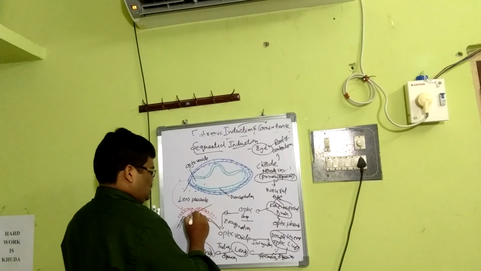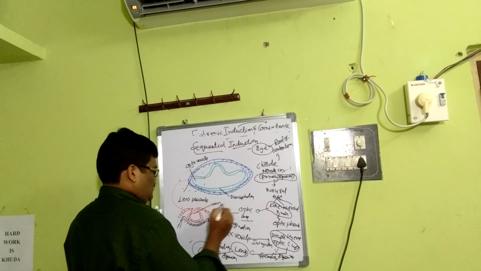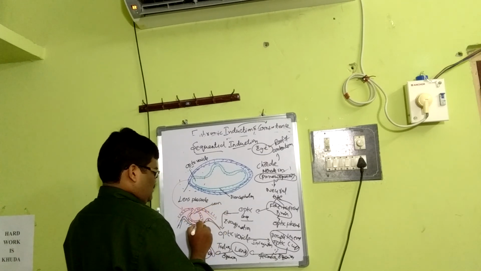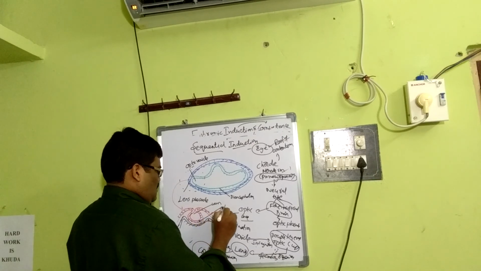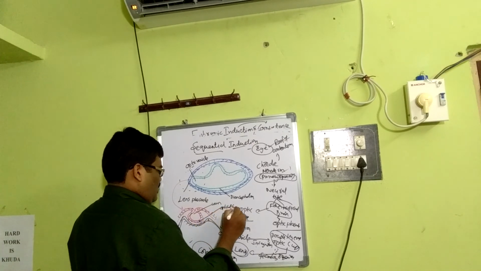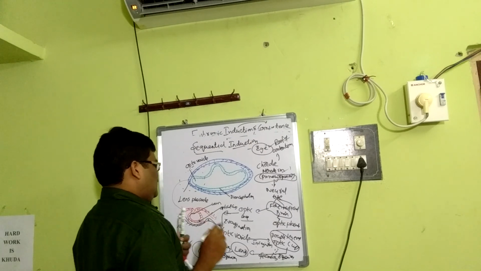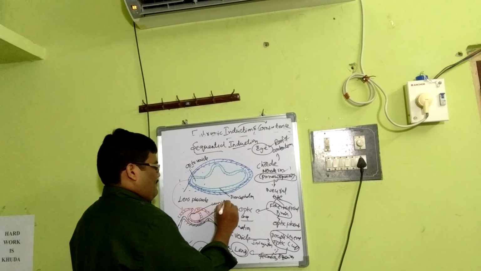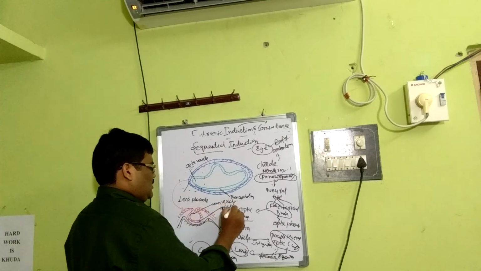There is a lens, the optic cup. That means lens vesicle. This is the optic cup.